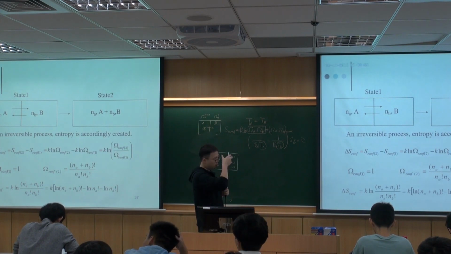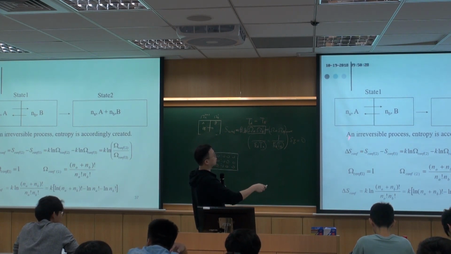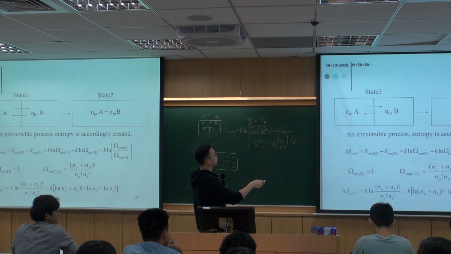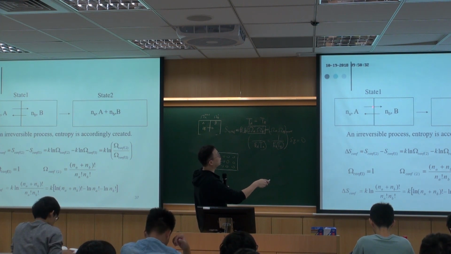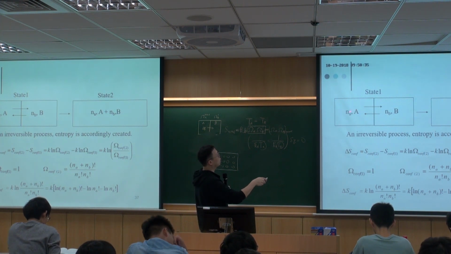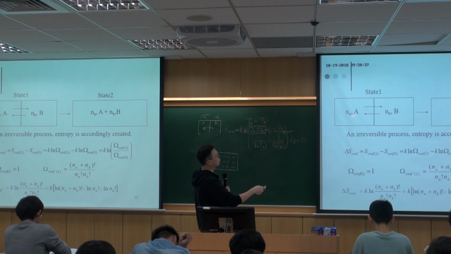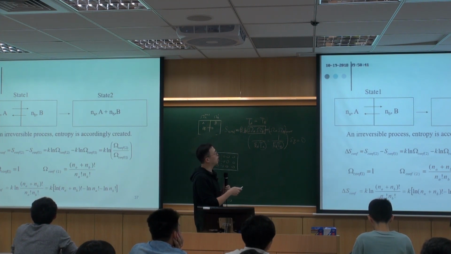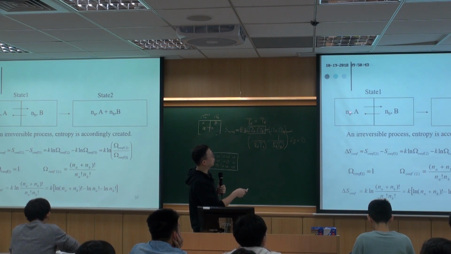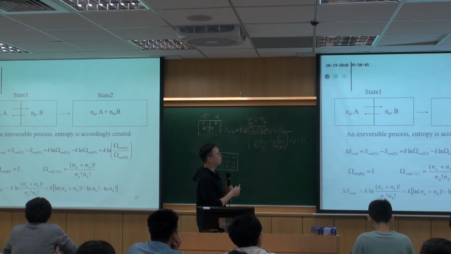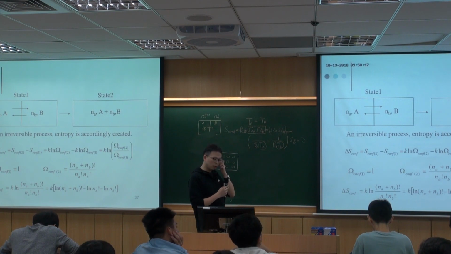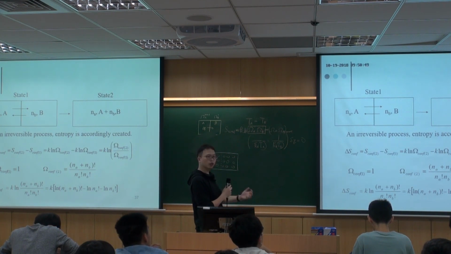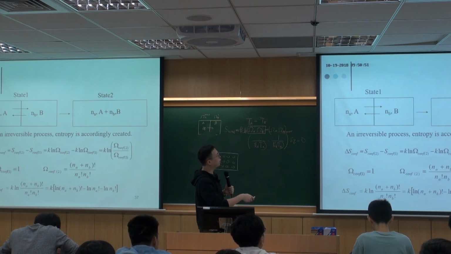And the example is similar to what I just mentioned, that originally you have A and B, two different types of particles on either the left-hand side or right-hand side, with particle numbers NA and NB. Imagine that these two types of particles can exchange with each other in terms of position, and eventually for state 2, they are very well mixed.